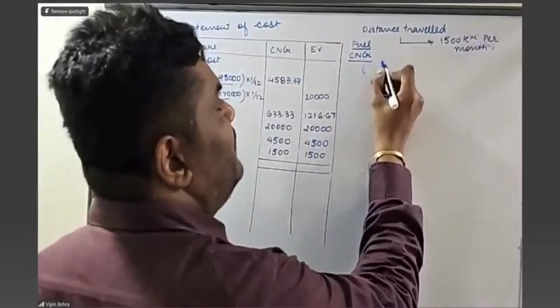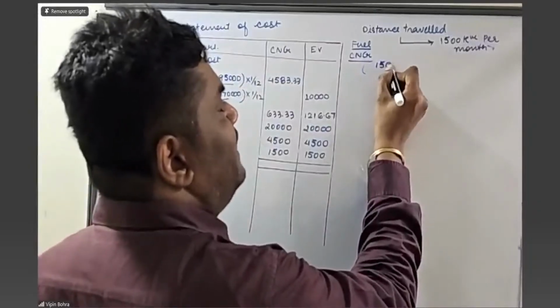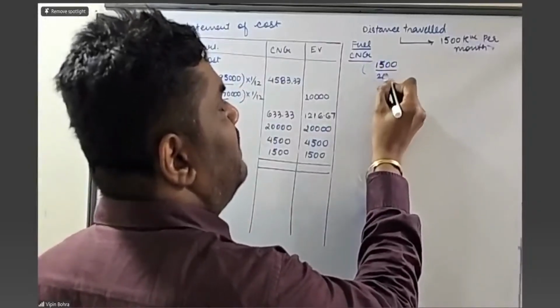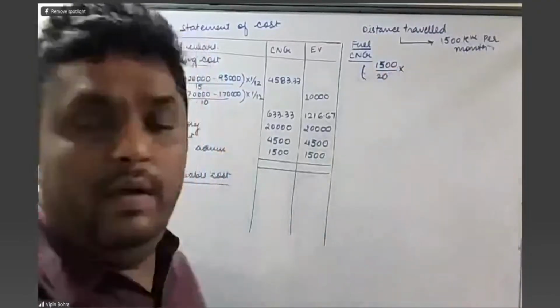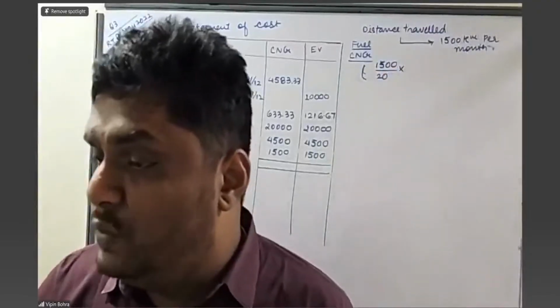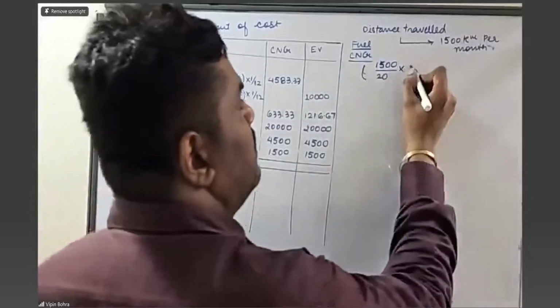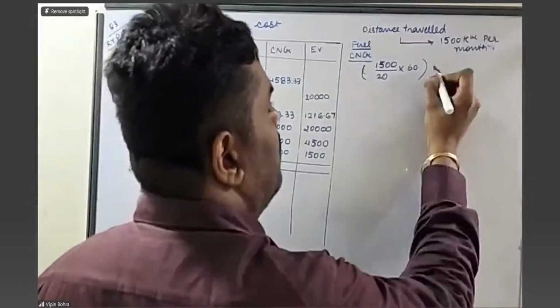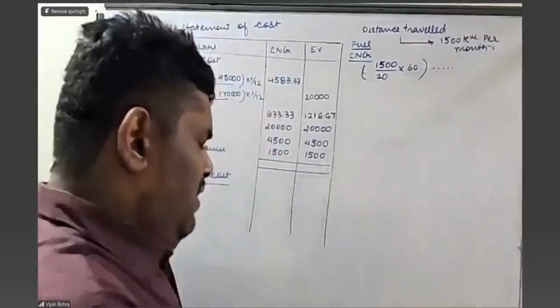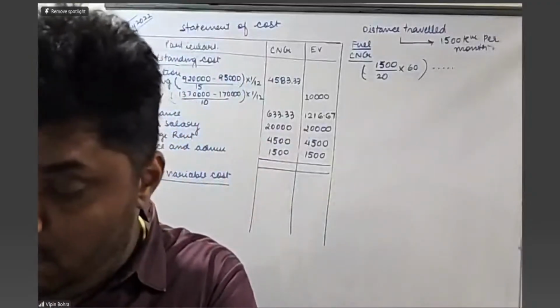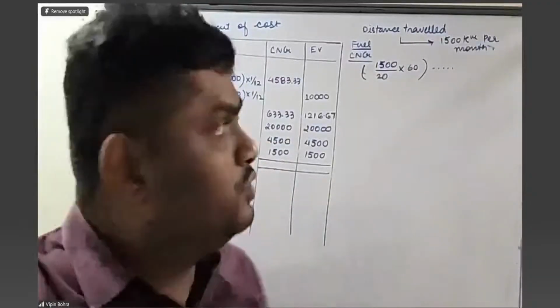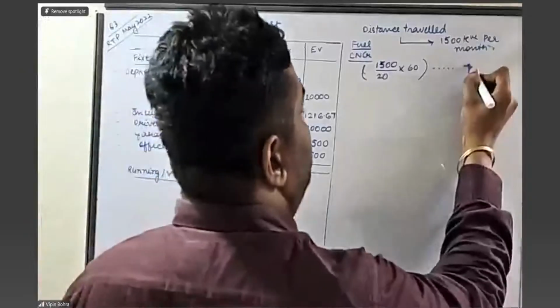So total 1500 kilometers they are traveling in a month, divided by 20 kilometer per kg into the rate of CNG, rupees 60. So it comes to 4,500.